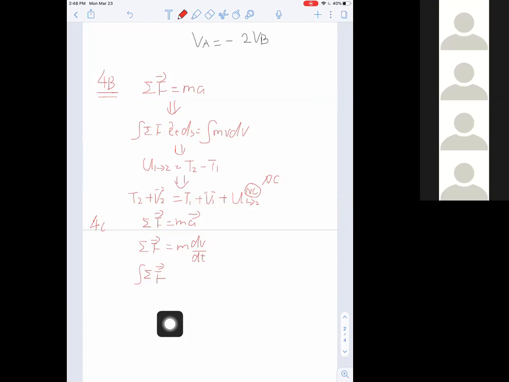Okay, now let's get back here. So now the sum of the forces integrated over dt equals integration of m dv. Now we have this new modification, and in section 4C we call this term, the left hand side of the equation, linear impulse.